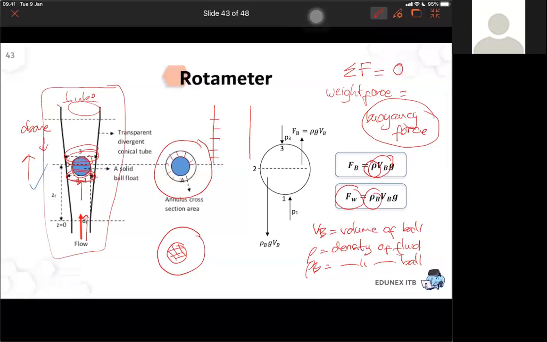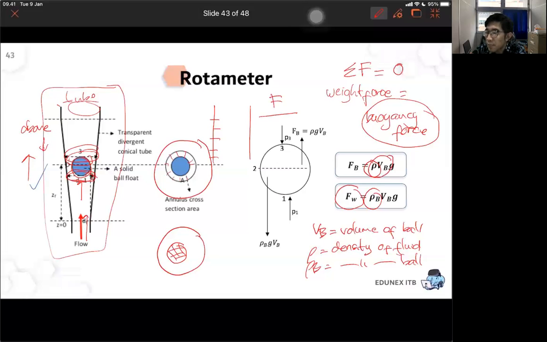Sir, if we wanted to do it step by step, P3, how do we get P3, sir? Okay, P3 is the pressure from above, right? So it should be F from above divided by the area. However, since this is the ball, the area is not two-dimensional area, right?